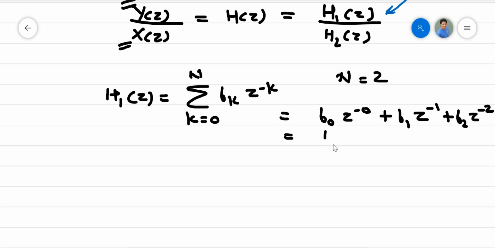That is equal to b0 plus b1 z to the power minus 1 plus b2 z to the power minus 2.